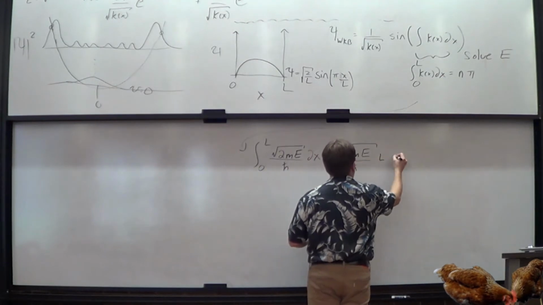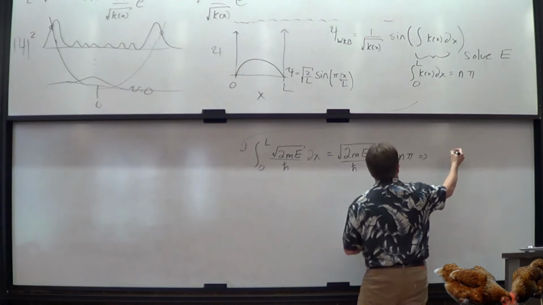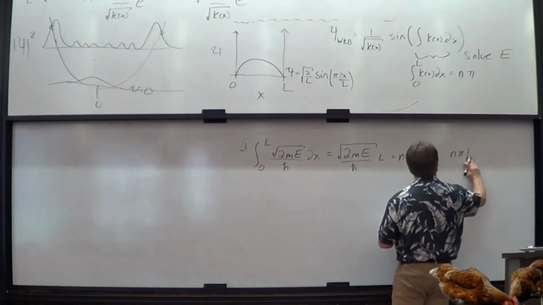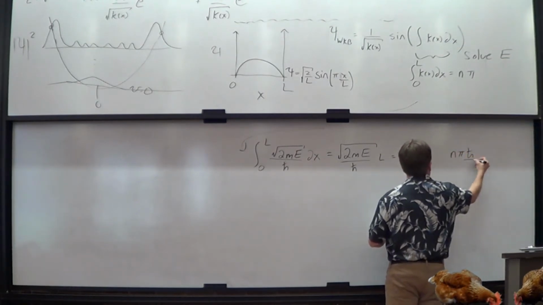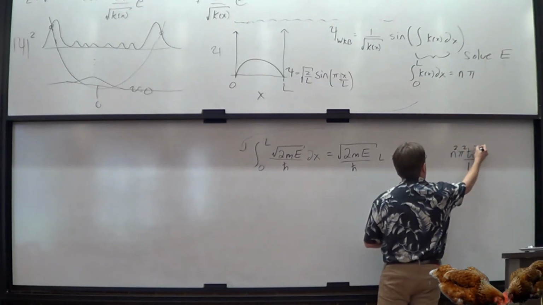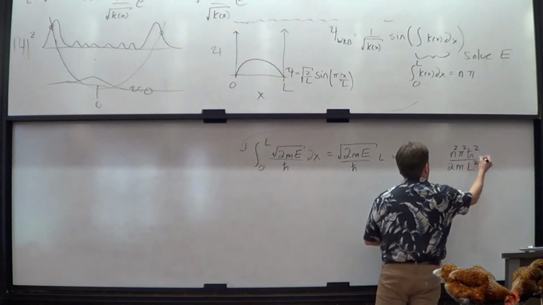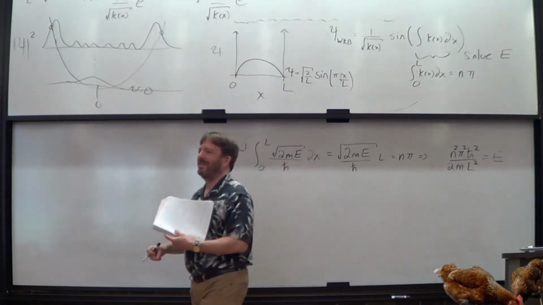Therefore, square root of 2mE equals n pi h bar over L. Square everything, and then divide by 2m. And that's equal to the energy. And that's exactly correct. That is the particle in the box energy.